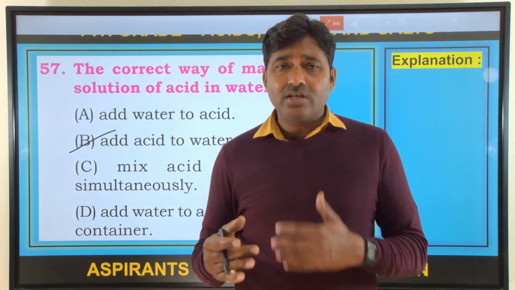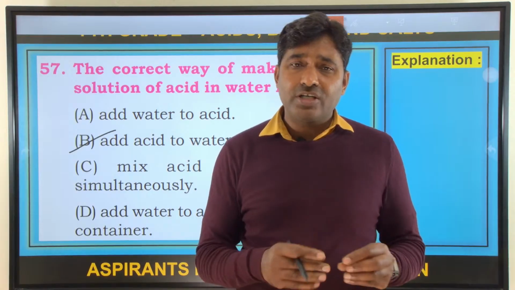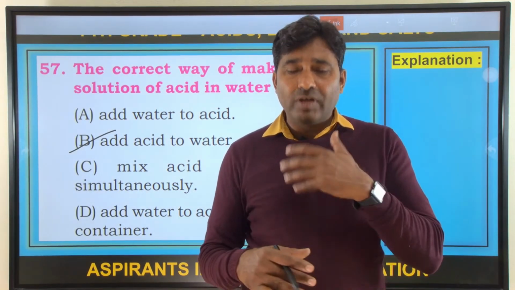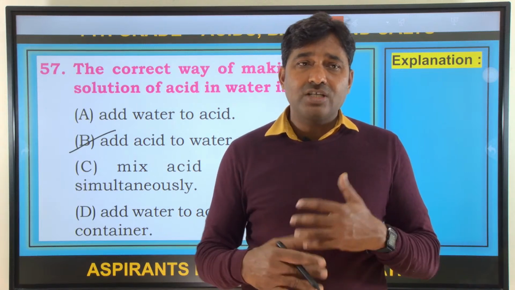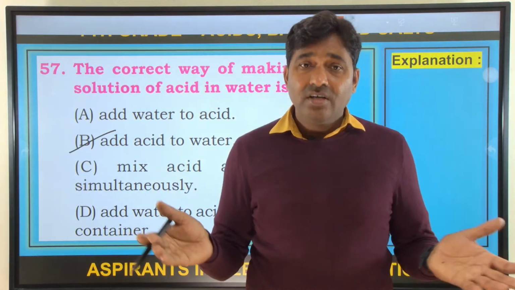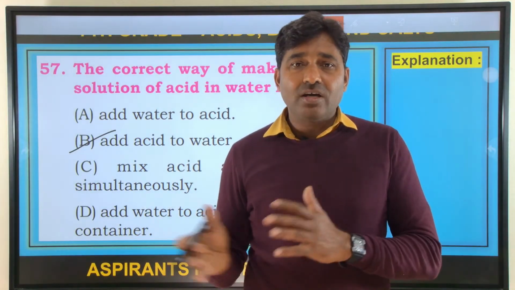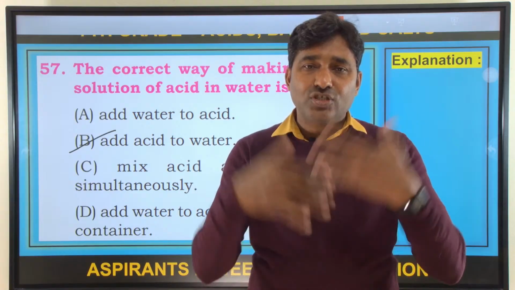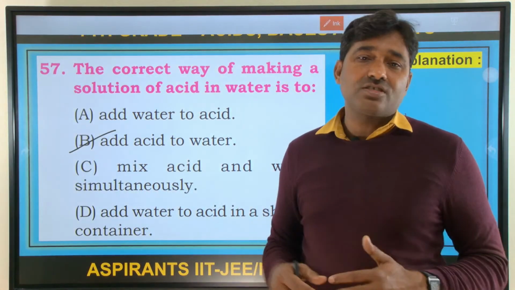Due to that much energy liberation in a fraction of time, the water is immediately vaporized, and the vapors gush out with high speed into the surroundings. Due to that high speed of vapors, the acid along with water is splashed out. So there is a chance of explosion.